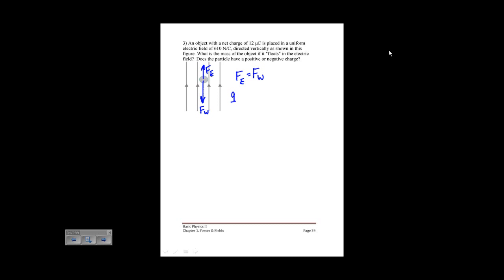I can say the electrical force is QE. That's how we define the electric field, in fact: we define it based on the expression that F is equal to QE. So the electrical force is the charge times the electric field, and of course the weight is M times G. Now we're looking for the mass, so let's just solve this for mass.